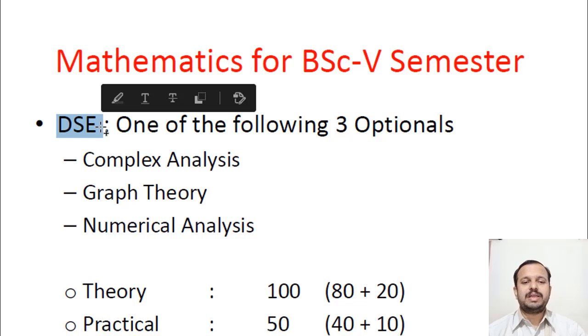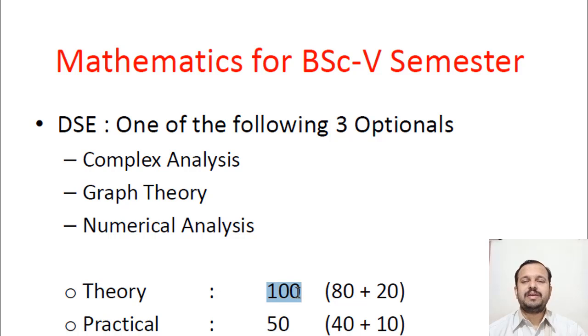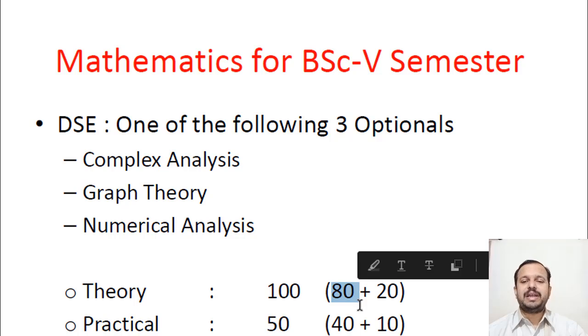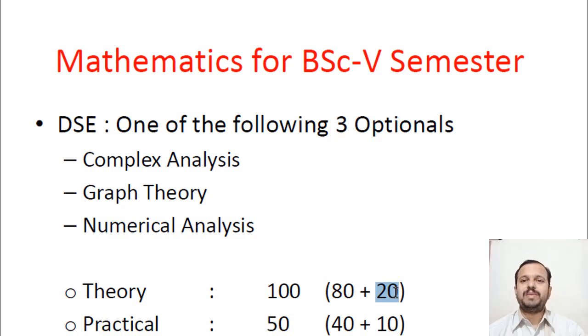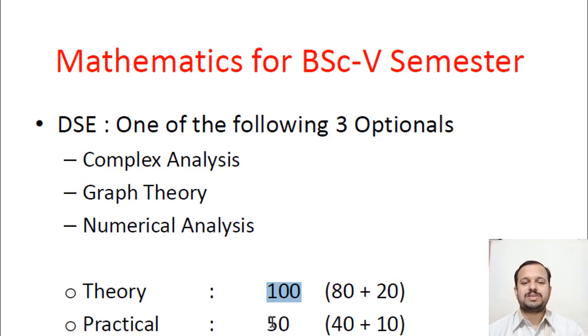So the theory paper will be for 100 marks. That will have 80 marks for the semester end examination, that will be conducted by the university, and 20 marks will be the internal marks. So in this way, theory paper will have 100 marks and practical is for 50 marks.